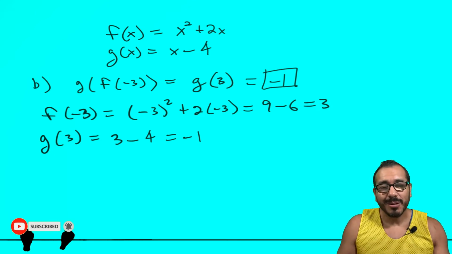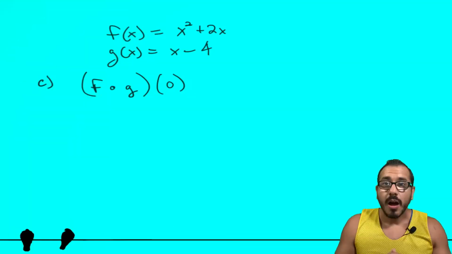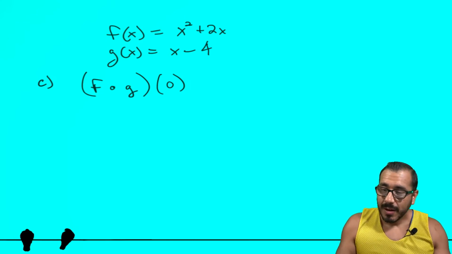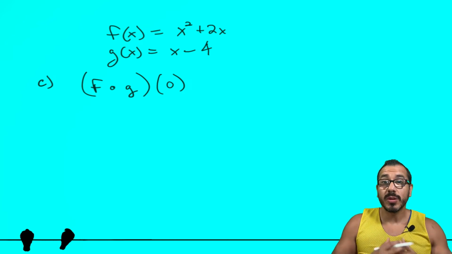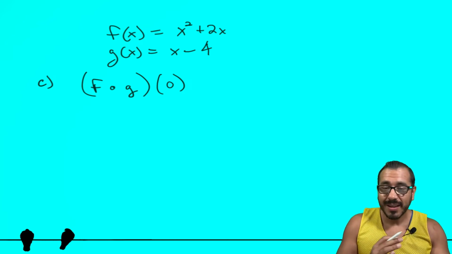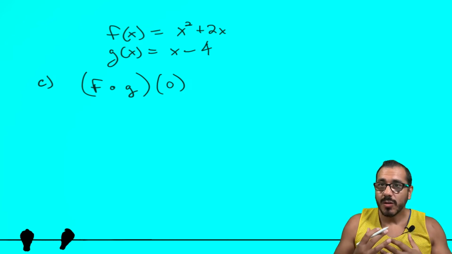All right, follow me to part C. So part C here, we have some different notation, but again, you always need to make sure you understand the definitions that are provided and what they mean.